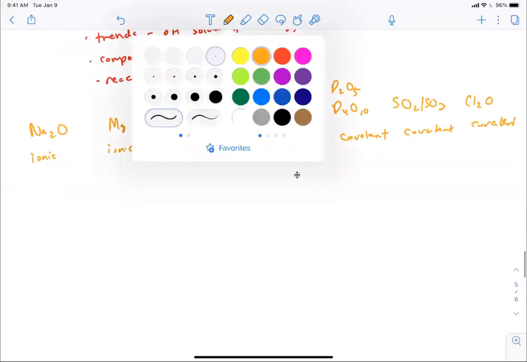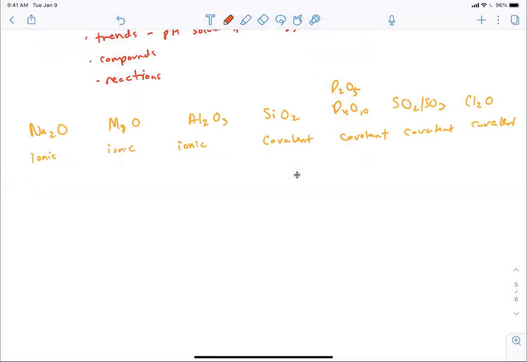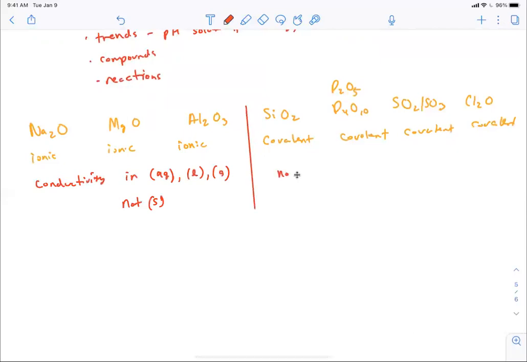That means our conductivity for ionics only occurs in aqueous, molten, or gas, not solid. Because in solid, all the ions are fixed, so there's no conductivity. Now, these covalent ones have no conductivity because there's no ionization and there are no free moving electrons between all these species. That's one key thing with this.